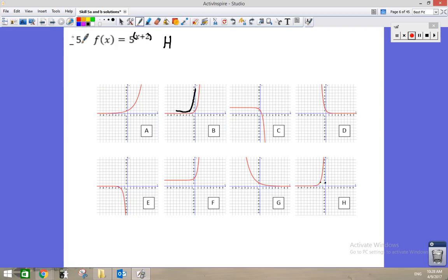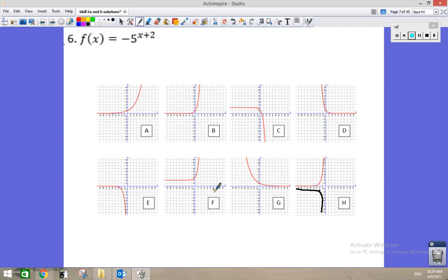Okay, so we'll take this 5 to the x plus 2, this graph of h, and we'll reflect the graph of h across the x-axis. So at this negative 2, 1, we'll go to negative 2, negative 1, and we'll look for something that still has a vertical asymptote there at the y-axis.